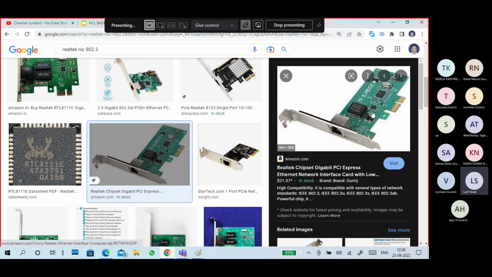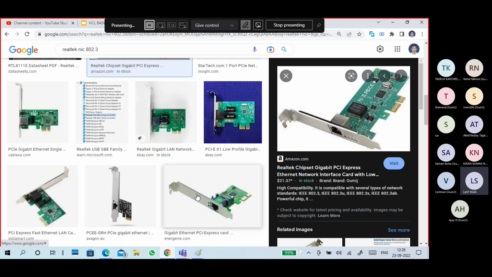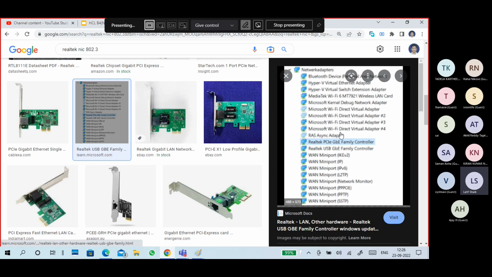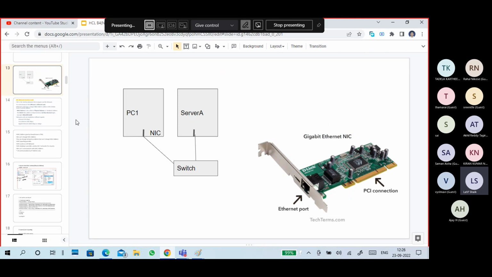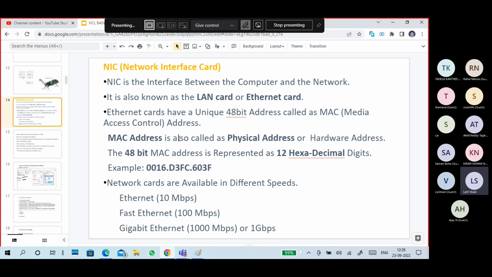Whoever the manufacturer is, either Realtek or Qualcomm or maybe MediaTek, or D-Link, TP-Link, these are different manufacturers of a NIC.